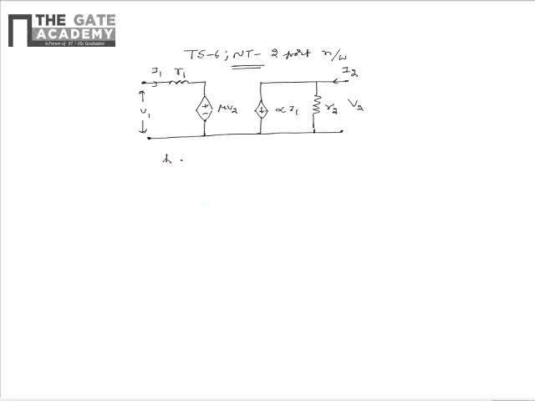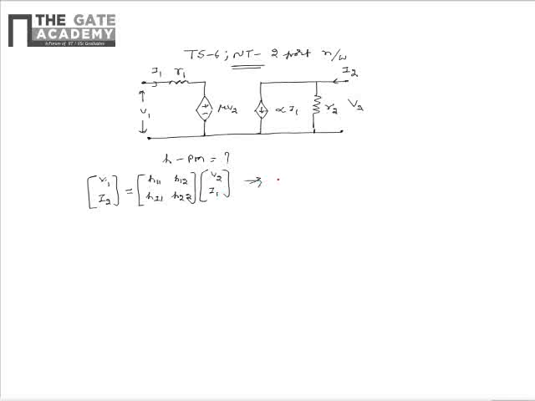We need to find the H parameter matrix of this circuit. We know that given V1 and I2 are the outputs as related to the H parameter matrix, we can relate V1 I2 with V2 I1 as V1 I2 is equal to H11 H12 H21 H22 multiplied by V2 I1.